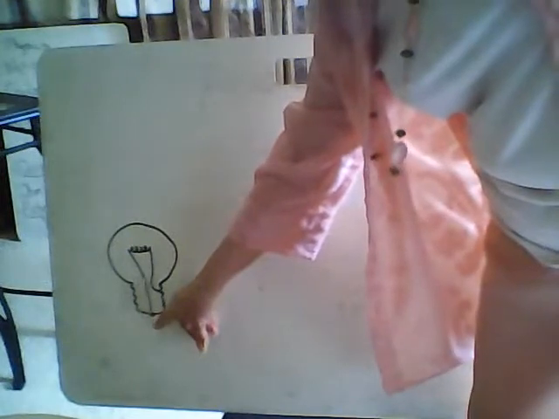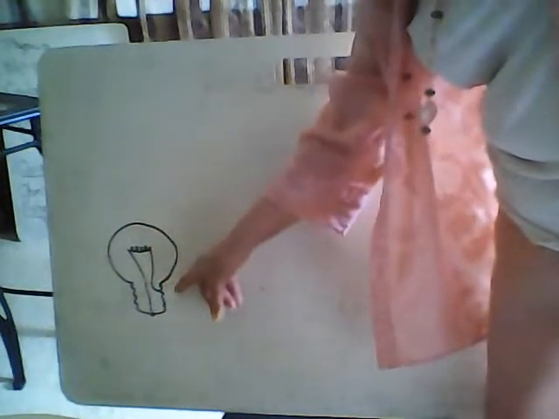It's a different material than these wires that are conducting the current from the input to the output. So this is the material that lights up, that heats up and gives off light.